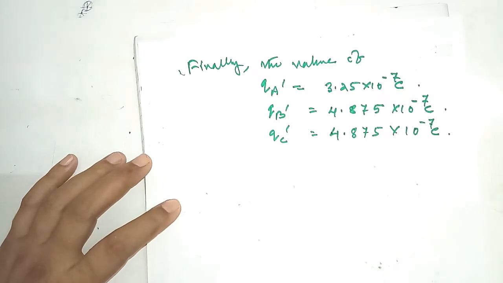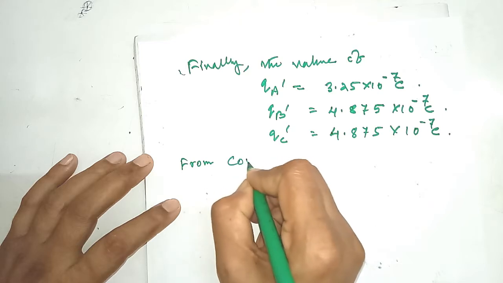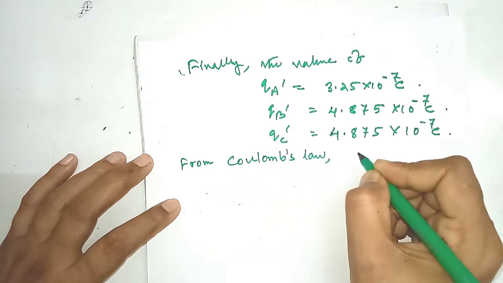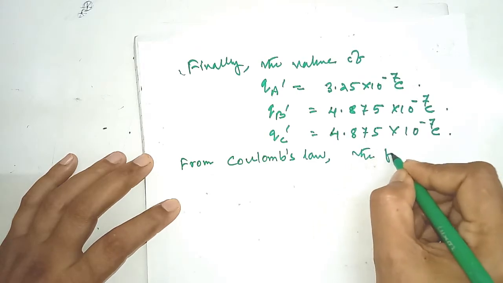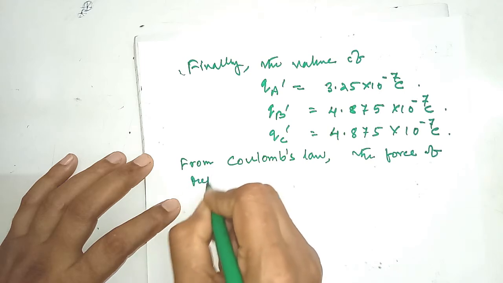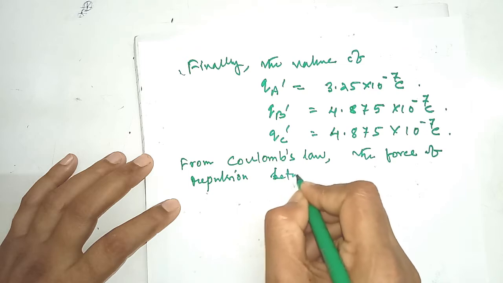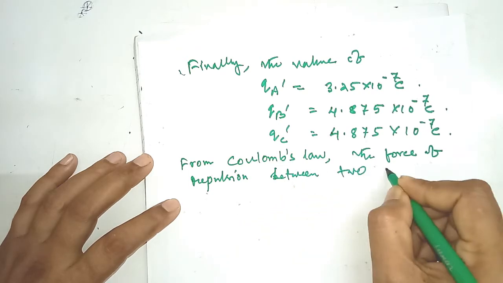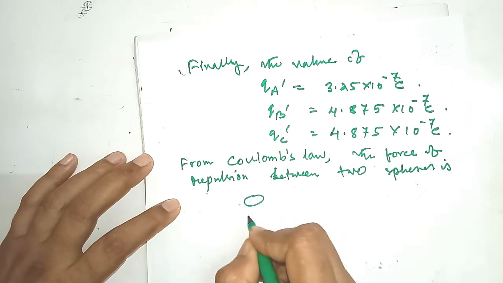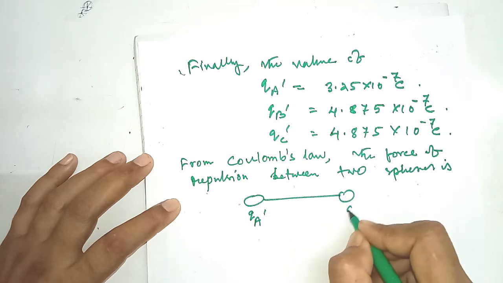So from Coulomb's law, the force of repulsion between two spheres is, so we have two spheres, that is the new value of QA dash and the another value of QB dash.